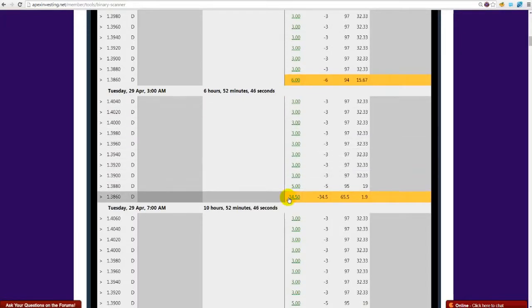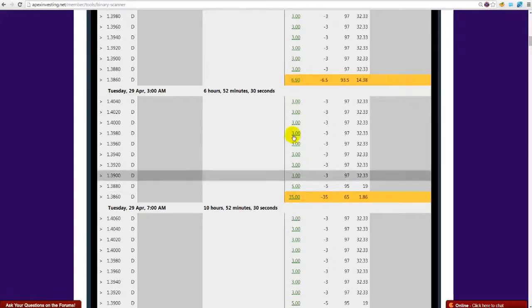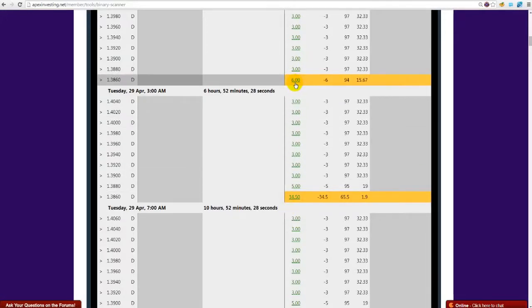Look at that. $34.50 and $6. If I bought this contract and the market stayed flat for the next 4 hours, I would essentially lose about 28 bucks, because it would be worth $6 4 hours from now. That's a pretty massive decline in value. Would you agree with that?